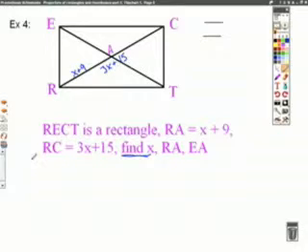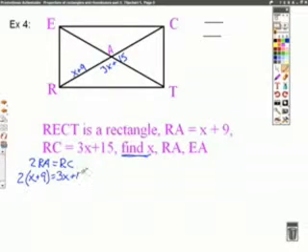If I took RA and I doubled it, 2 times RA, then it would equal RC. So now what we have to do is substitute in the information that we know. So 2 times RA, which is x plus 9, is now equal to RC, which is 3x plus 15.